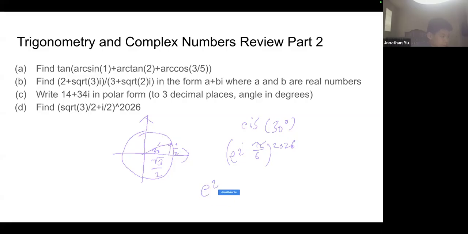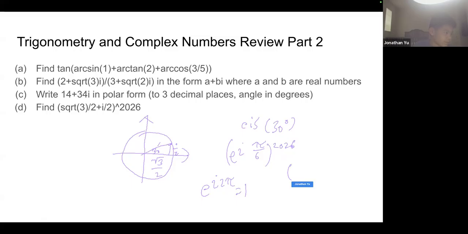We know that e to the i 2 pi is equal to 1, so when we multiply this, it will cycle every 12 times. 2026 divided by 12 leaves a remainder of 10.